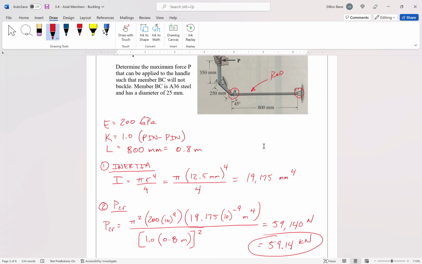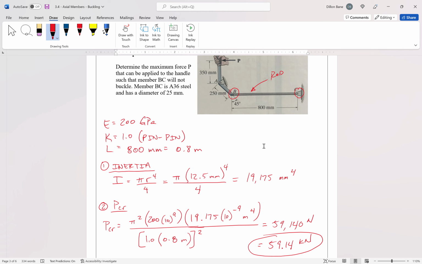But it doesn't necessarily coincide with the applied force P. So what we need to determine is what force P will develop 59.14 kilonewtons in BC. That'll be the applied force P that causes member BC to buckle. We just do this simply by statics. We're going to apply our principles of statics to figure out this maximum force P.